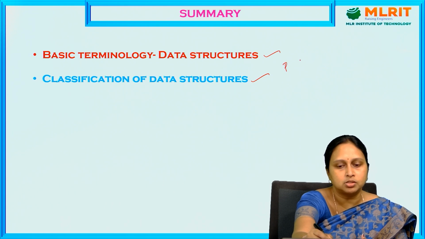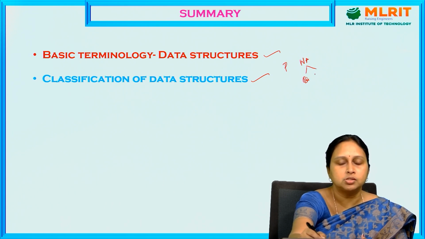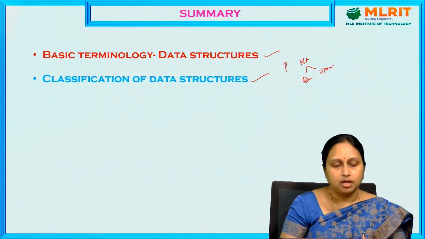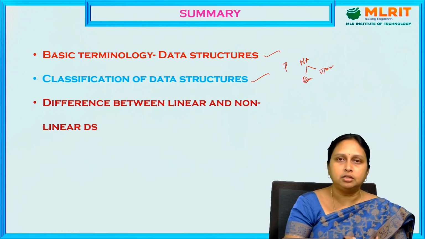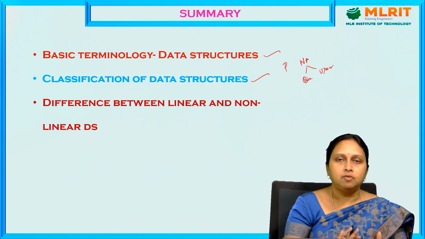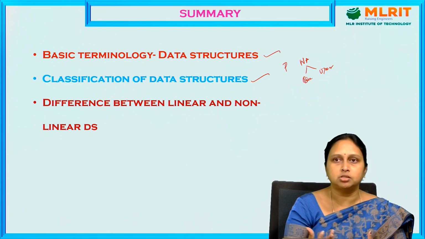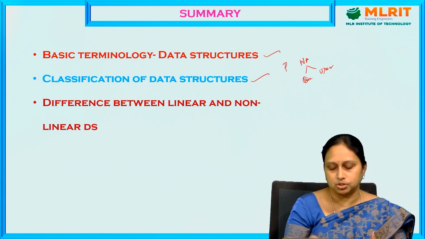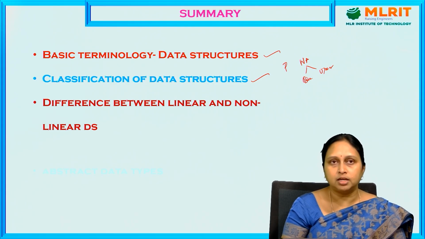Under non-primitive, we came across built-in and user-defined data structures. And coming to the difference between linear and non-linear, we covered the advantages of linear and the disadvantages of non-linear, in which cases we can use the linear data structure, and in which cases we are going to use the non-linear data structures. These things we have covered under this concept.